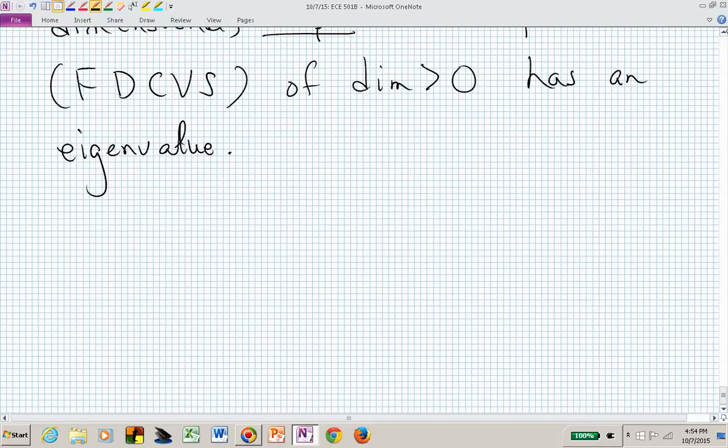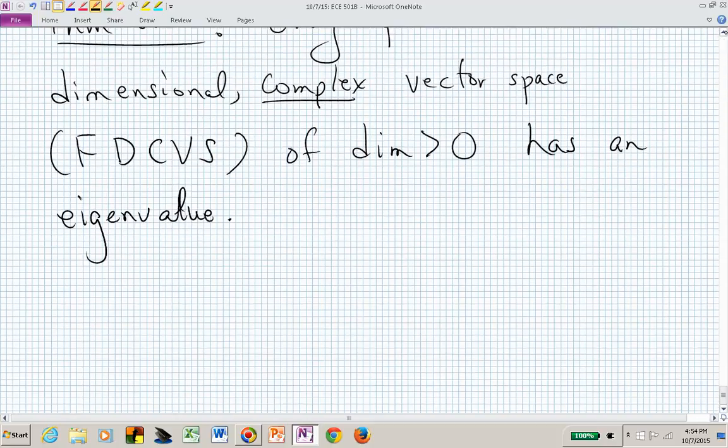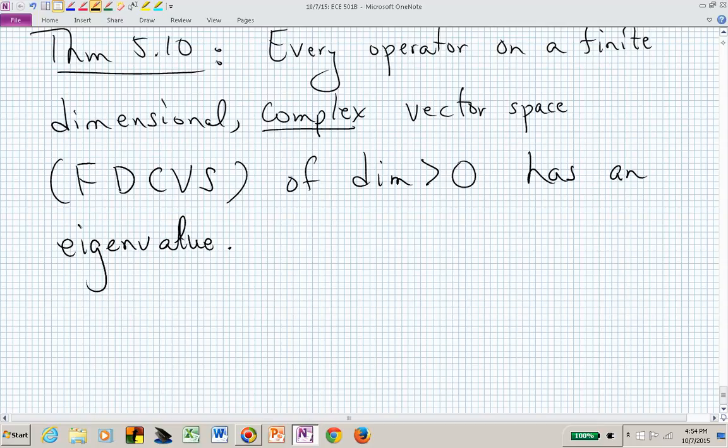That's pretty powerful. You give me an operator on a finite dimensional complex vector space, and we're guaranteed that it will have at least one eigenvalue. Let's see if we can show where that's coming from.